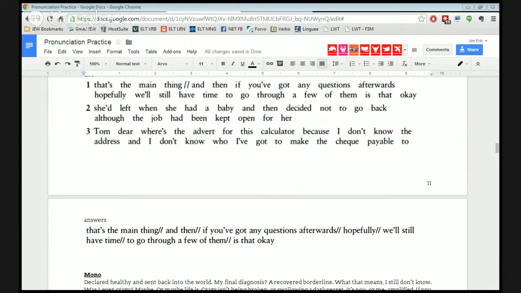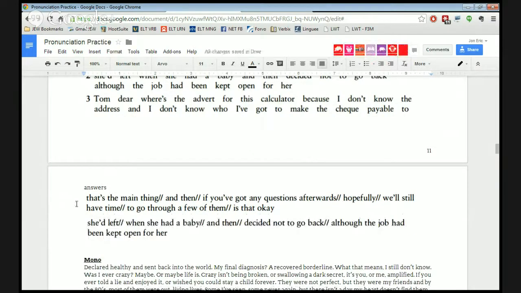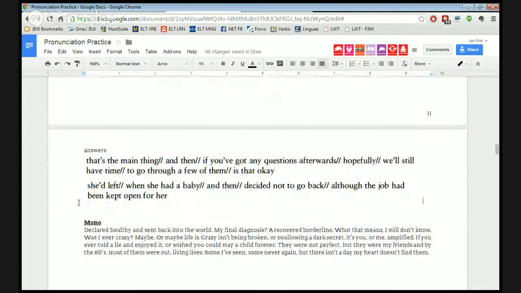Okay. The first time I read it, I put a pause where I shouldn't have put a pause. So I think you're right. I paused after although, but that was my mistake. I shouldn't have. The second time I read it a little bit better. Let me give you the answers on page 12. Okay. You can see there, this is how I was trying to read it.